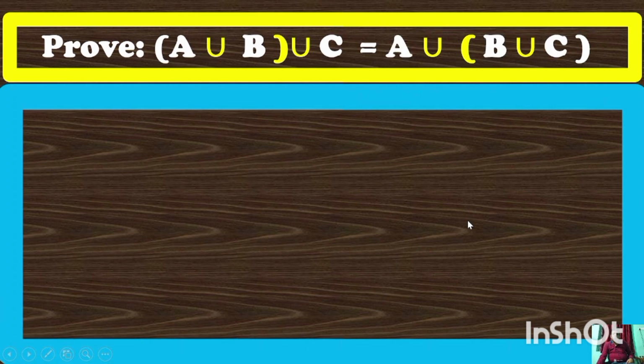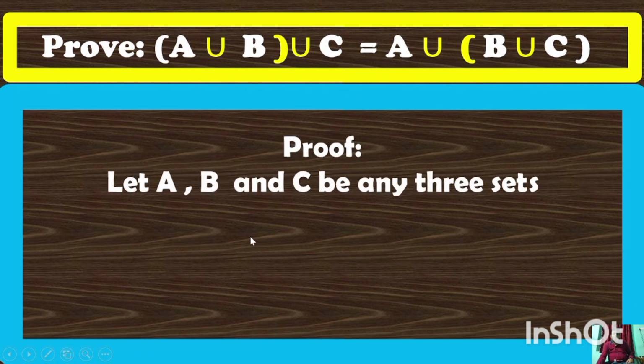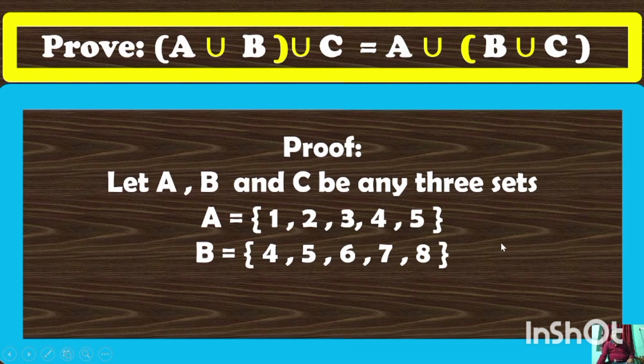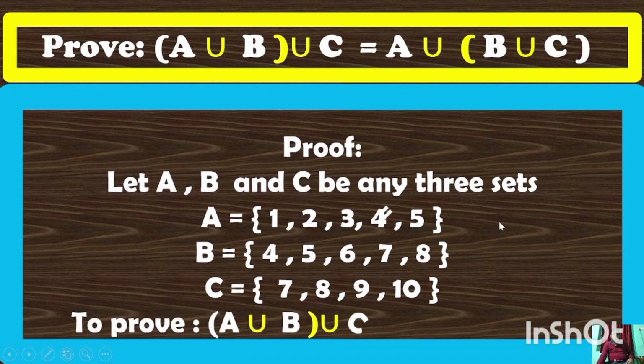Let's see how to prove the associative property of union set. Taking an example, let A, B, C be any three sets. Here are the elements of set A, here the elements of set B, and here the elements of set C. We have to take three non-empty sets and prove (A union B) union C is equal to A union (B union C).